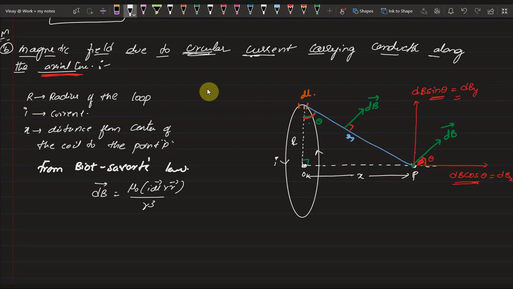Now let us suppose theta value is equal to 90 because dB bar is perpendicular to the plane of dl bar and r bar. So if I take theta value as 90, then dB is equal to mu naught I dl sin 90, which is 1, into r divided by r cube. Cancel r and r. So that implies magnetic field dB is equal to mu naught I dl by r square. Did you understand this step or not?